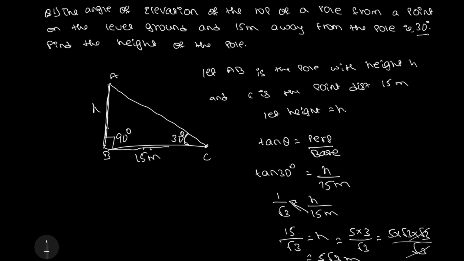If you want, we can simplify our answer like this, or else we can substitute the root 3 value as 5 into 1.732 meters, which is nothing but 8.66 meters. So the height of this pole AB is 8.66 meters.